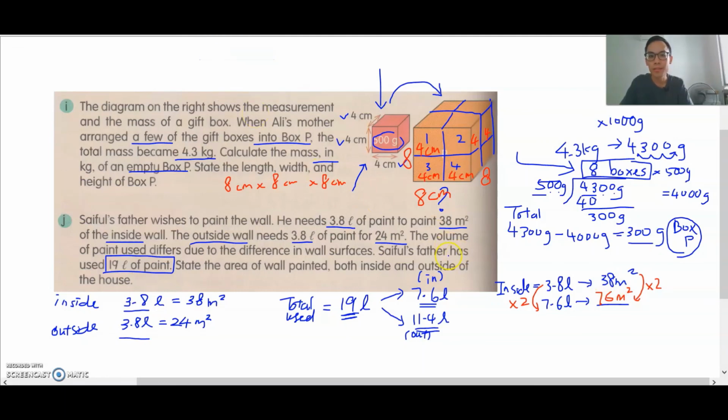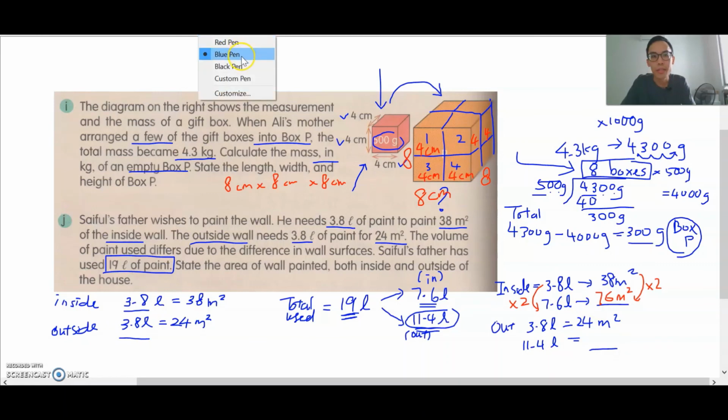Okay, for the outside wall, according to the question, 3.8, this is outside. 3.8 liters of paint can paint 24 square meters. So I have allocated 11.4 liters of paint. So how much can we paint?